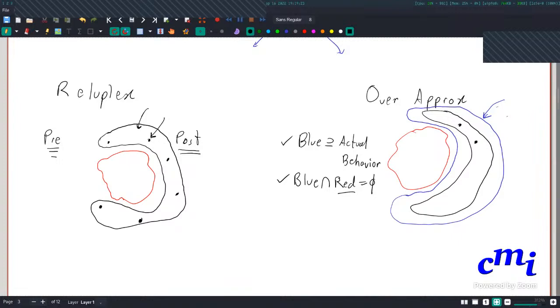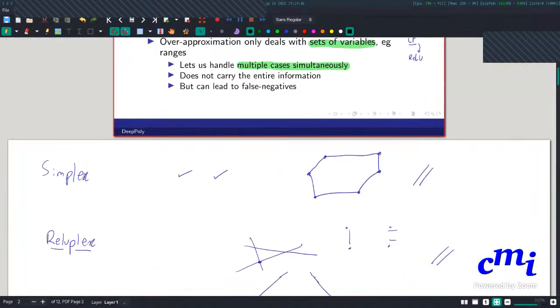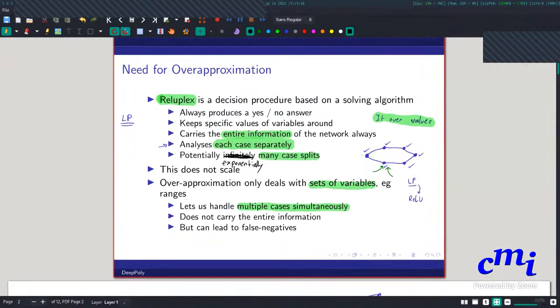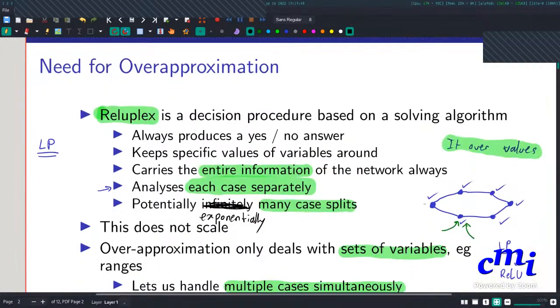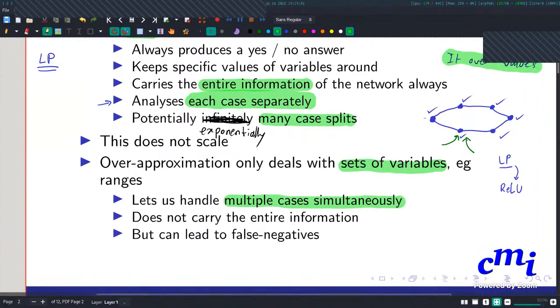You might have a node which is active in this particular point and inactive in that point, but when you take this blue region, you're covering both of those points in your analysis. So it can handle multiple cases simultaneously. And it's not going to carry exact values of the network, because carrying the entire information, carrying exact values, might be wasteful.